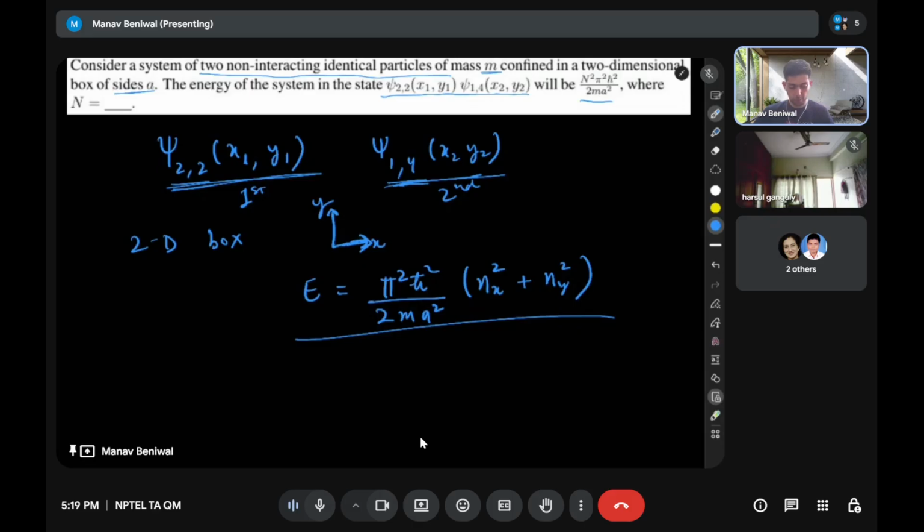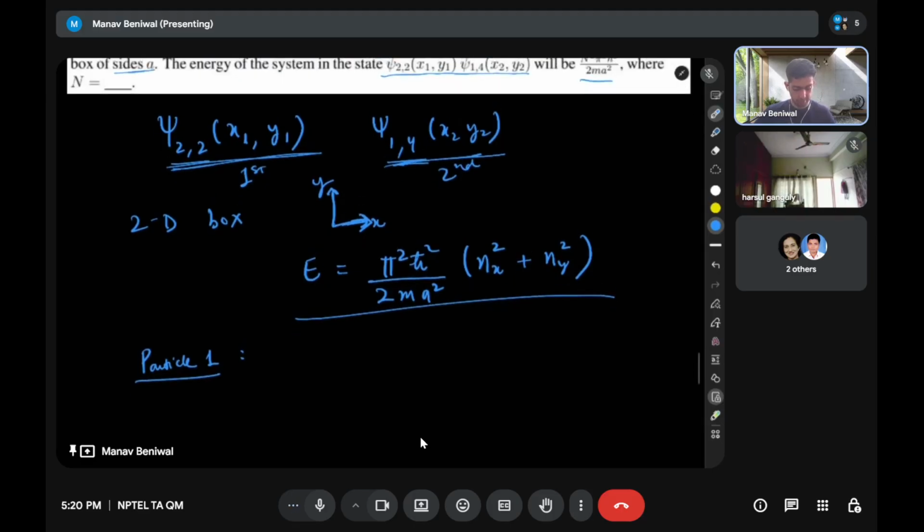Now for particle 1, what will be the energy? Here 2 comma 2 means nx is 2 and ny is 2. So the energy of particle 1, let's say E1, will be 2 squared, 4, plus 2 squared, which is again 4, so 8.